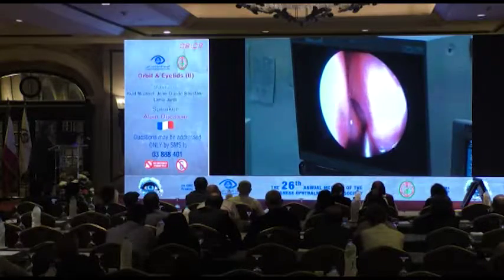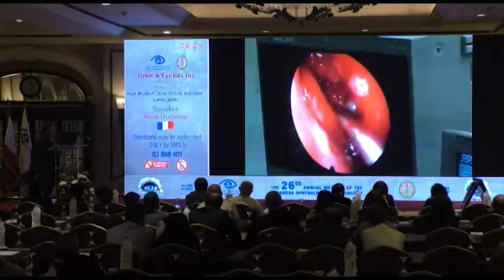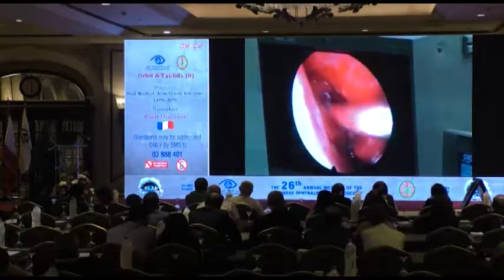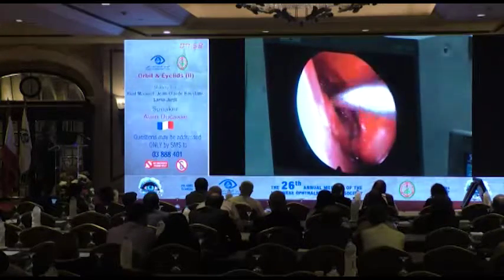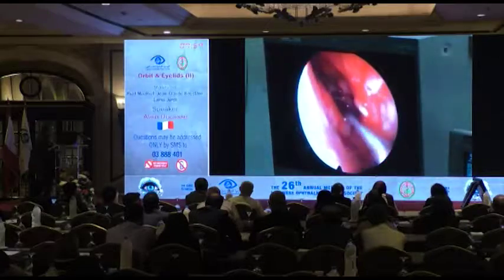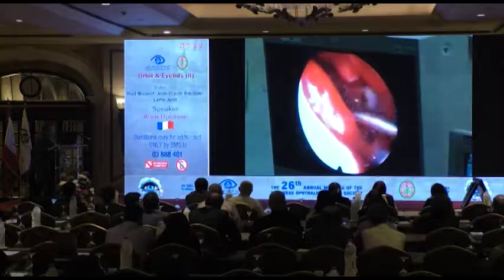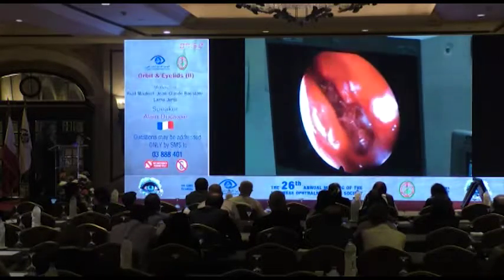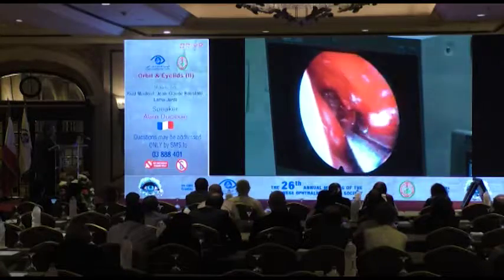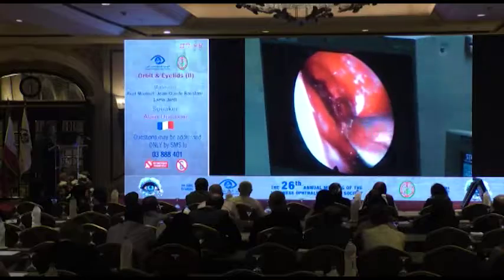The second side, we work always under the middle turbinate, and we perform a total ethmoidectomy, and we break, as you can see here, the medial wall of the orbit, and here the inferior wall of the orbit, and we remove the strut at this time.